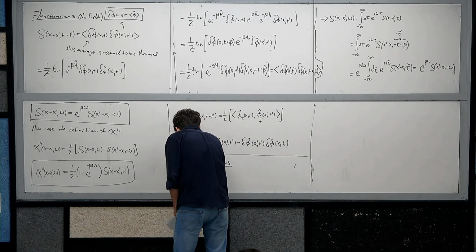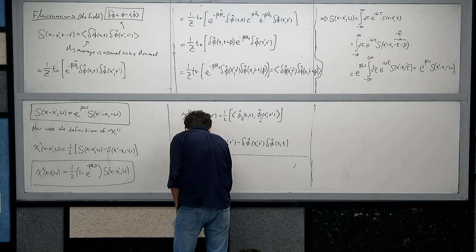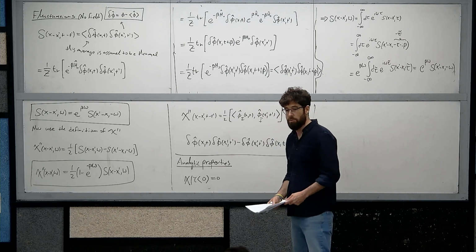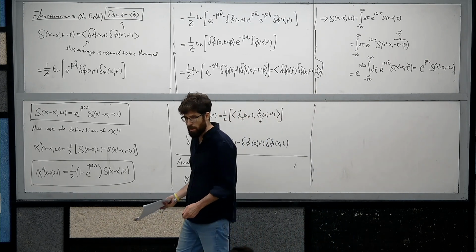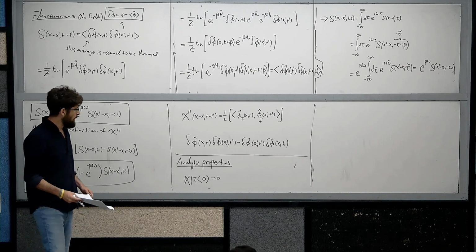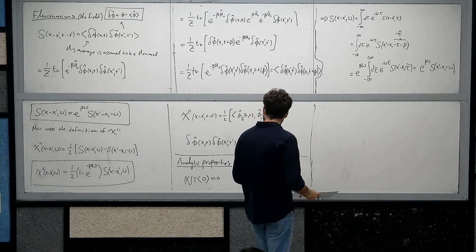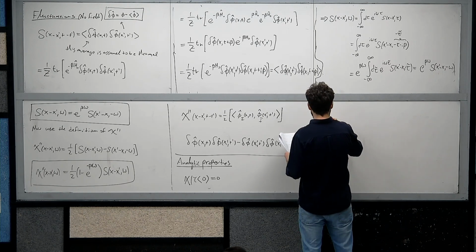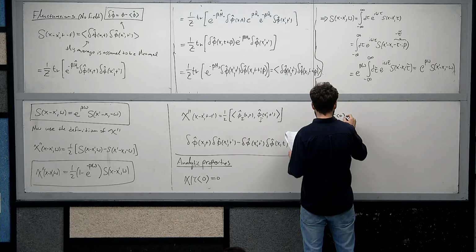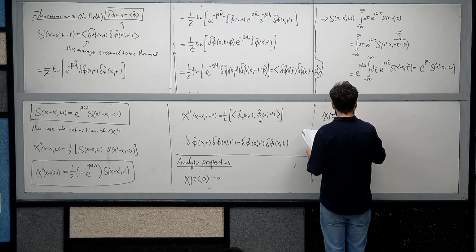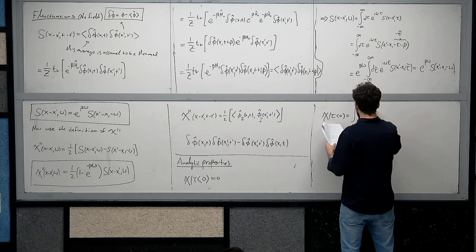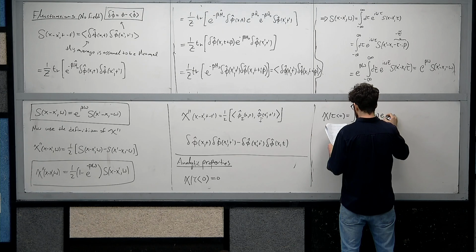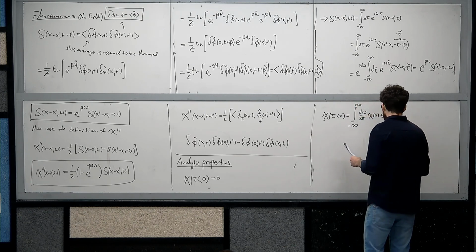We state that chi of tau smaller than 0 is 0 by definition. By the way, I didn't even mention this, but this is causality, right? So the question is, what does this causality imply for chi of omega? So I know that chi of tau smaller than 0, which is equal to 0, is the integral from minus infinity to infinity d omega over 2 pi chi of omega e to the minus I omega tau.